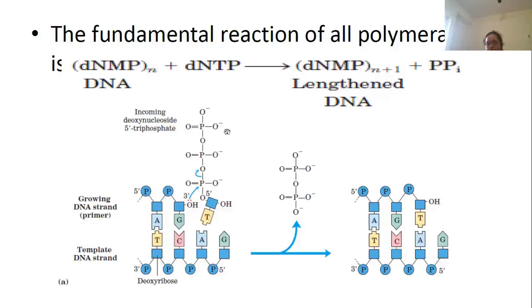Now, in order to synthesize the complementary DNA strand, the first thing which is required is a primer. You can see this region, which is bound to the template by complementary base pairing, has the free 3' OH group. So this free 3' hydroxyl group is now ready to attach to the incoming deoxynucleoside 5' triphosphate.